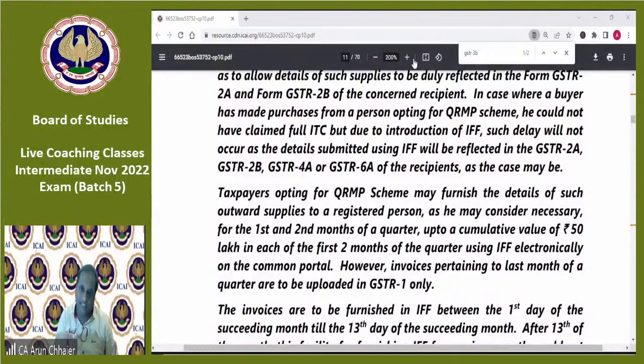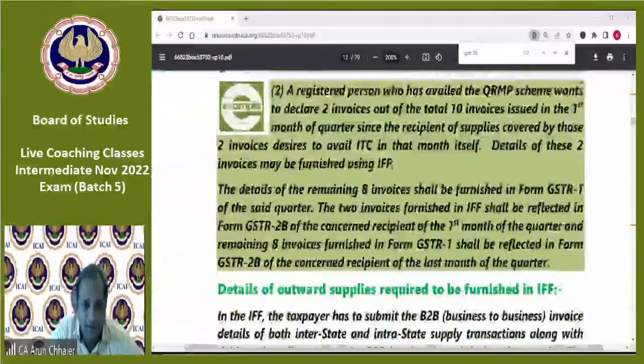So GSTR2A or 2B is for regular taxpayers, section 9 registered persons. GSTR4A is for composition taxable persons. GSTR6 is for the person registered under the ISD category. So things are the same: auto-populated purchases, only the form numbers change. Fine, we have discussed everything.